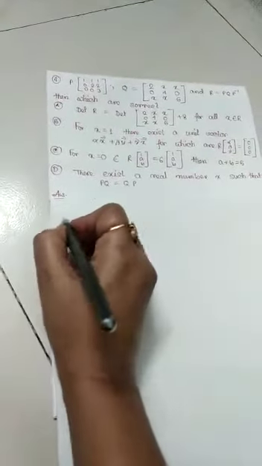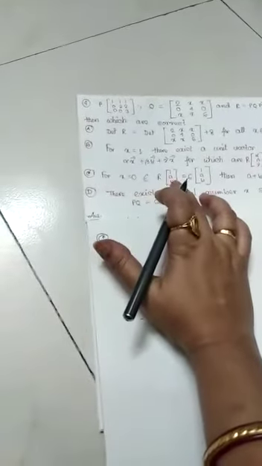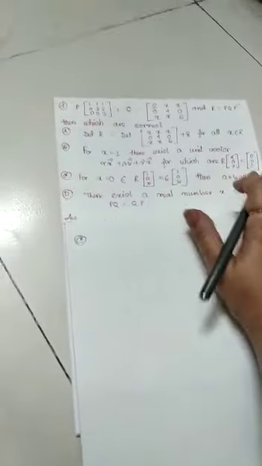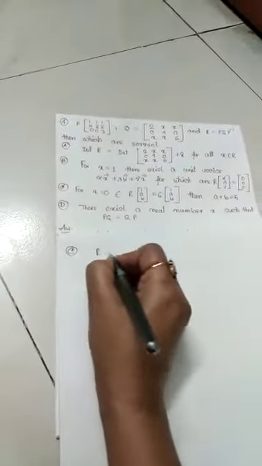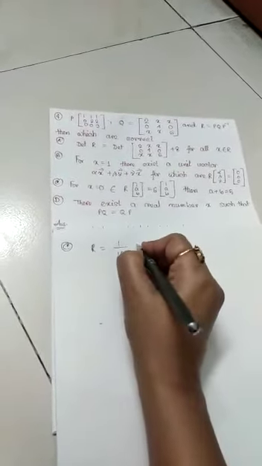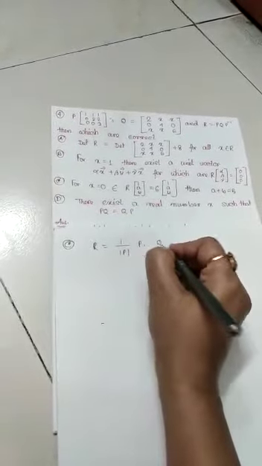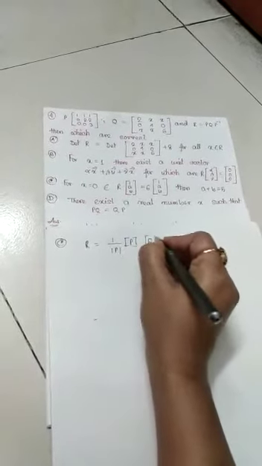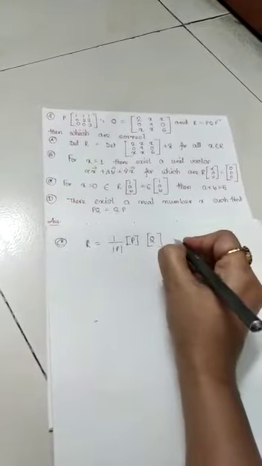Now option C. For x equal to 0, R times the vector 1 A B is equal to 6 times 1 A B, then A plus B is equal to 5. We know R is equal to 1 by determinant of P into P Q P inverse.